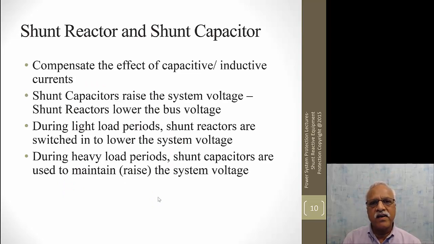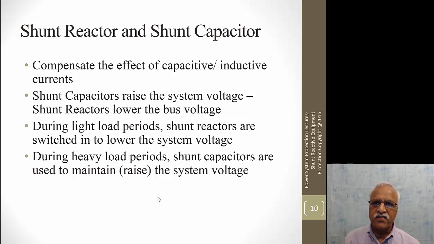Okay, so shunt reactors and shunt capacitors, what do they do? They try to maintain the voltage within the specified limits during different periods of the system loading. So shunt capacitors raise the system voltage and shunt reactors lower the system voltage. During light load periods, all the transmission lines are connected and act as a capacitive current, and the system voltages tend to be higher.